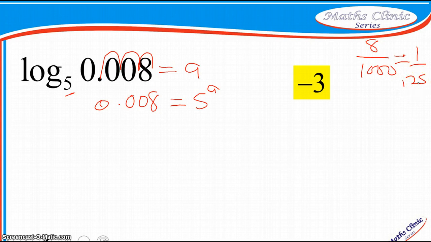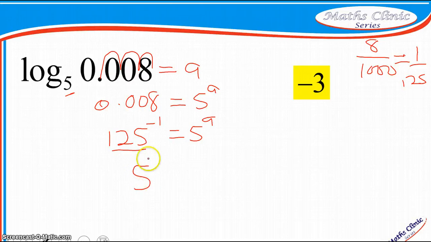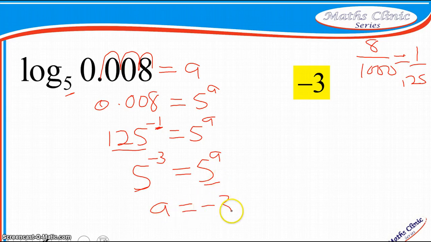And 1/125 can be written as 125 to an exponent of -1, which will give us 5 to the power a. Then again, we can convert 125 as 5 exponent 3, which will multiply the -1 to give us -3, and this will give us 5 exponent a. Since the bases are the same, we now equate exponents and say a is equal to -3.